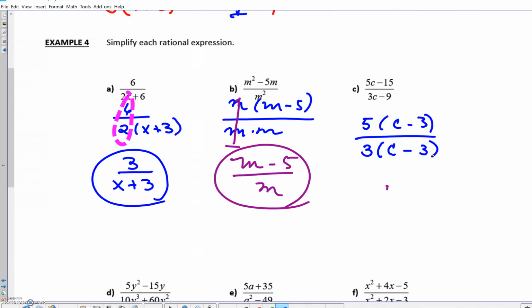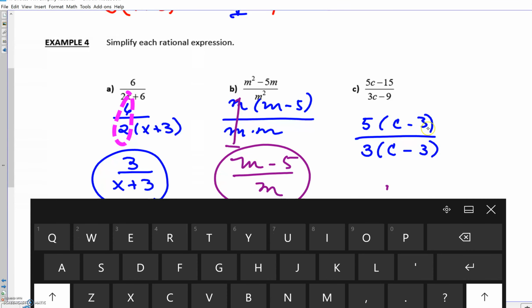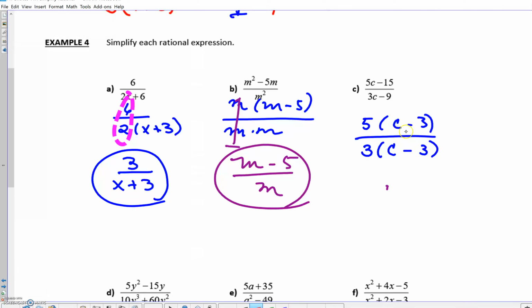All right, so this time, when I go to reduce, what's in common is this entire parentheses, c minus 3, and it has to be the entire parentheses that cancels. I can't just cancel a c or a negative 3. I'm canceling the whole parentheses. So parentheses over parentheses gives me a 1, and my final answer is 5/3 for that.